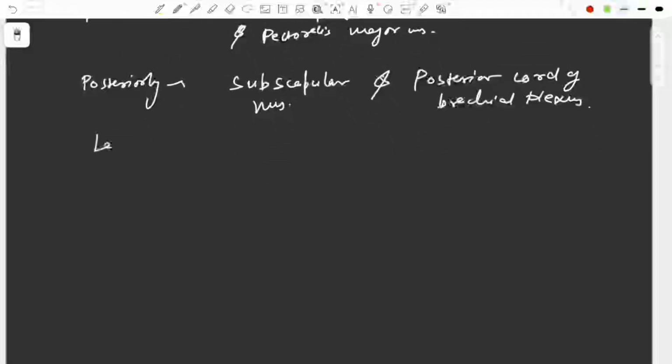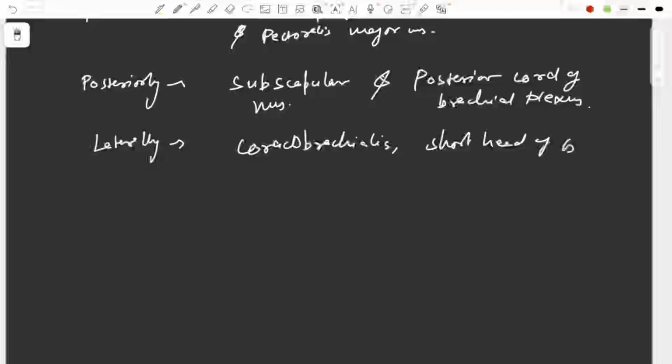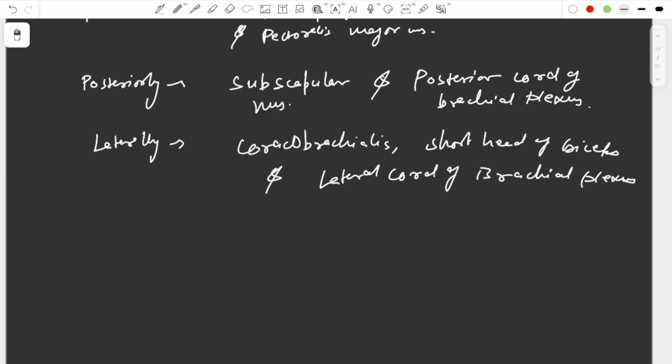Then laterally lie the coracobrachialis, the short head of biceps, and the lateral cord of the brachial plexus.